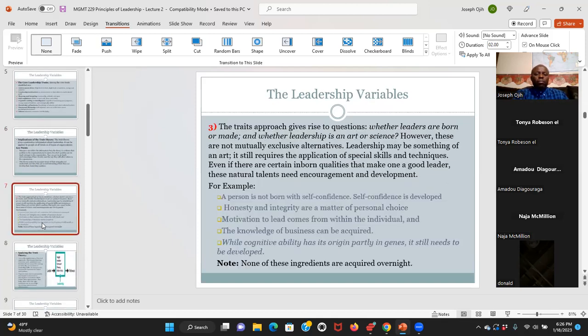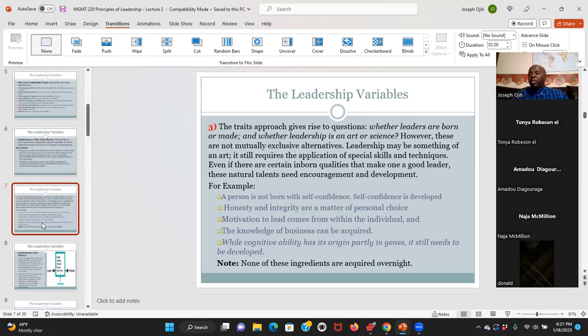Now, another implication of the trait theory has to do with answering some important questions that relate to leadership. Some of these questions will be whether leaders are born or made. You have heard people say this, that leaders are born, or some say that they are made.